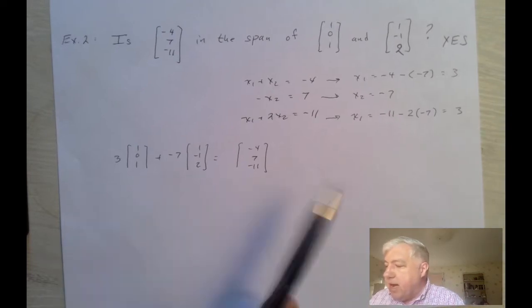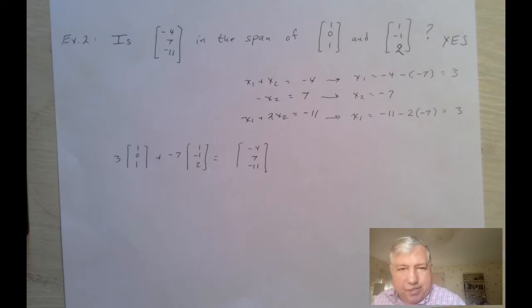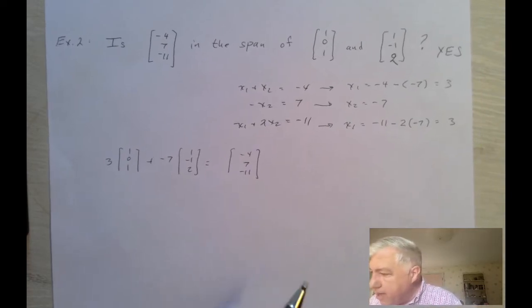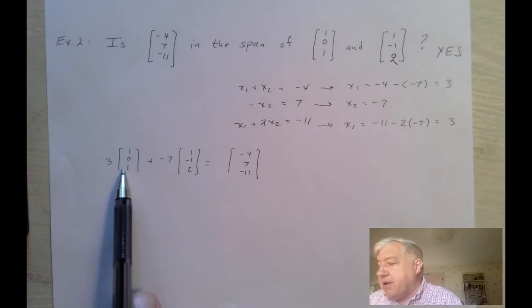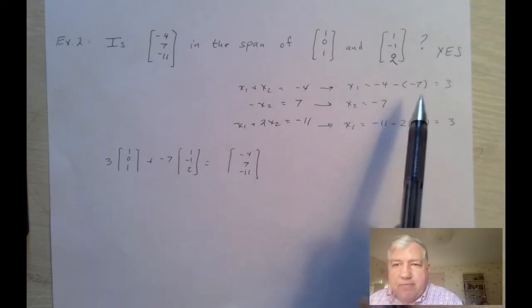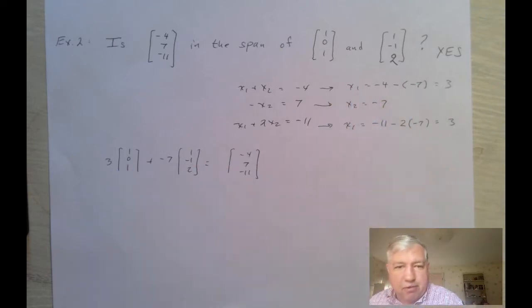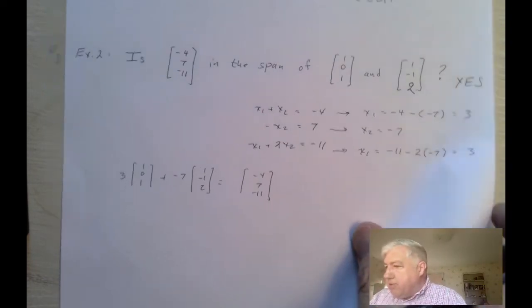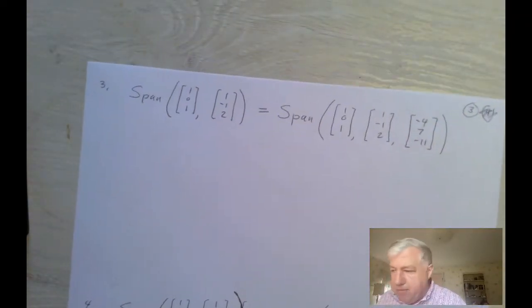Well, I won't say whether they're unique or not just yet. I think we can see that these all have to be unique because we found just a unique solution here. So that's what I meant to say. To stick with these examples, we can learn a few things here.